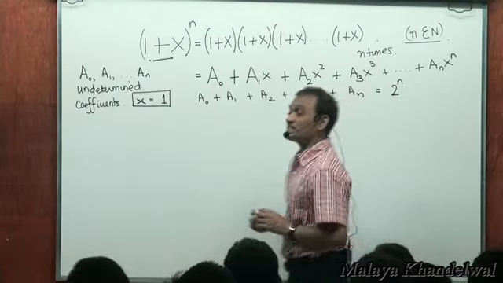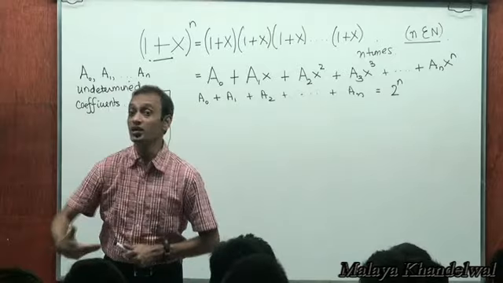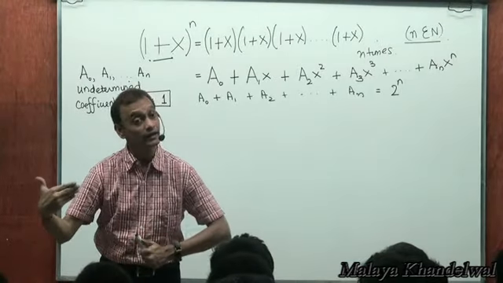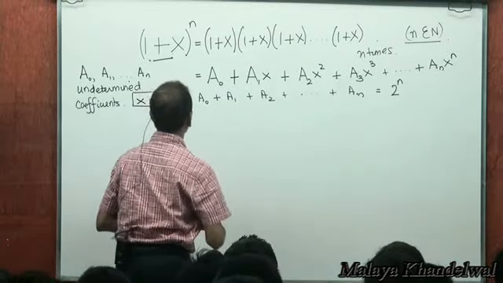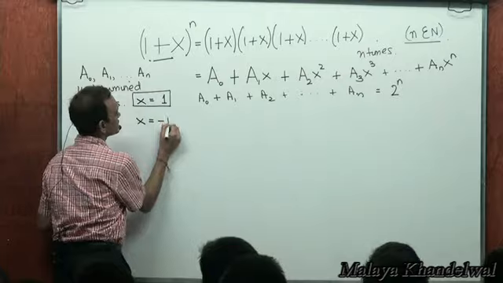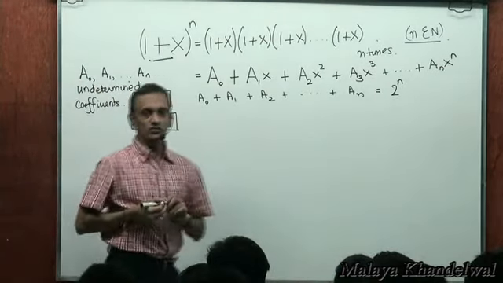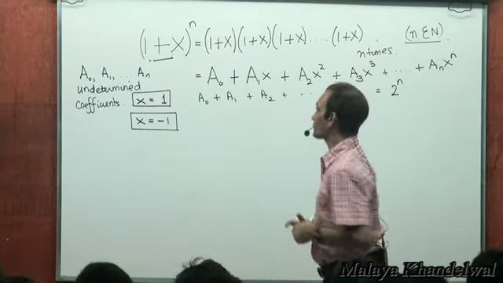That means the sum of these coefficients will always be 2 to the power n. Now, plug in x equal to minus 1 on both sides.